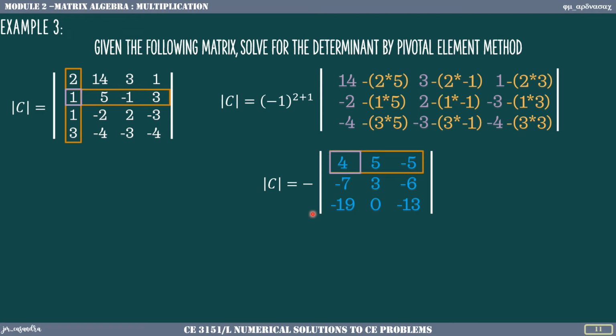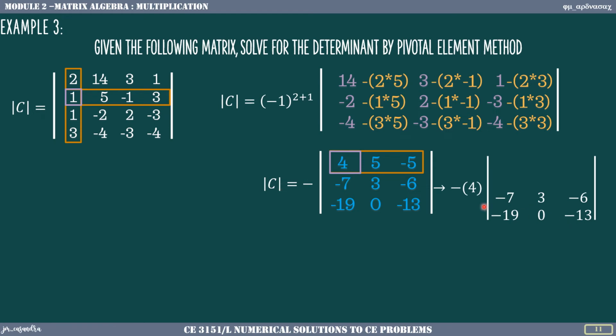So in this case, I'll be choosing the element 1, 1, which is equal to 4. So what I will do is reduce this to 1 by dividing all of the elements on row 1 by 4. So I'll be removing 4 and putting it outside.